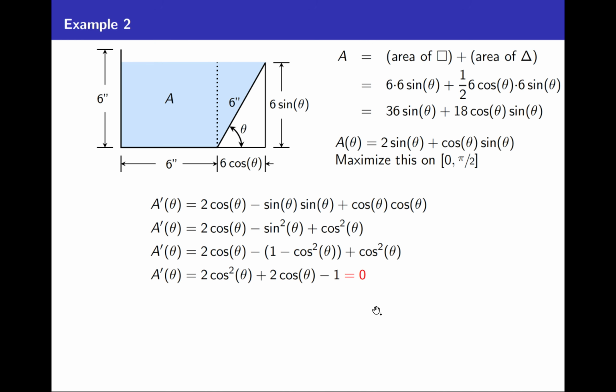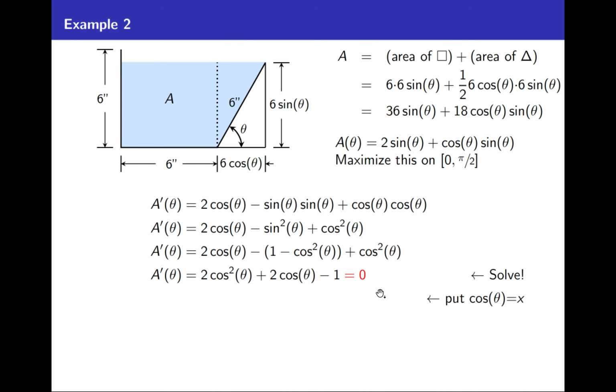Okay, if you look at this, there's a lot going on, but notice that you have 2 times the cosine theta squared plus 2 times cosine theta minus 1 equals 0. That has the form of a quadratic. 2 times something squared plus 2 times that something minus 1 equals 0.